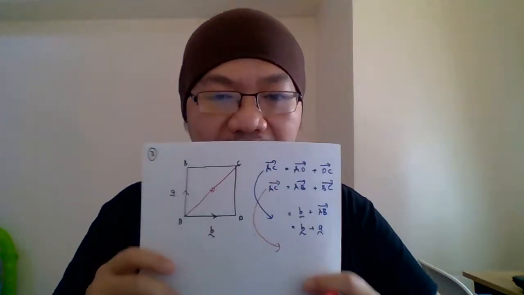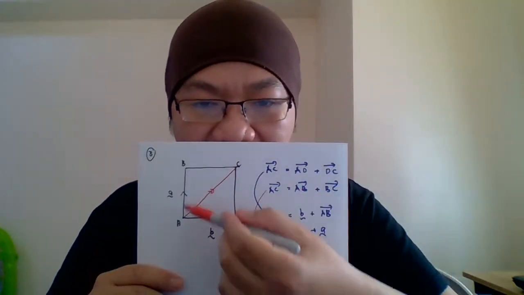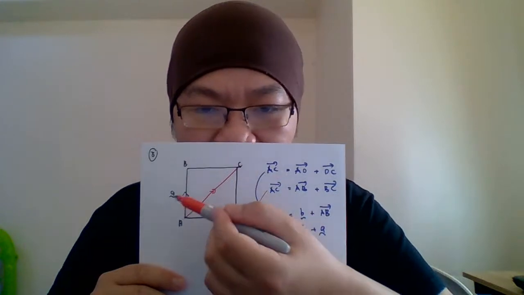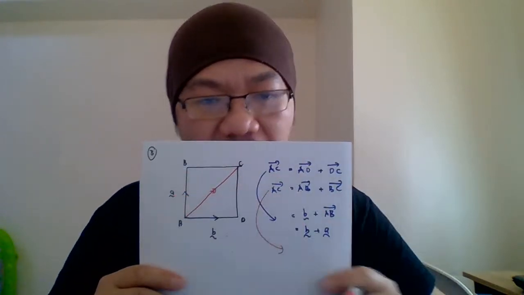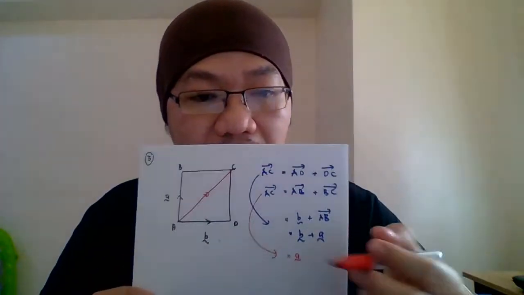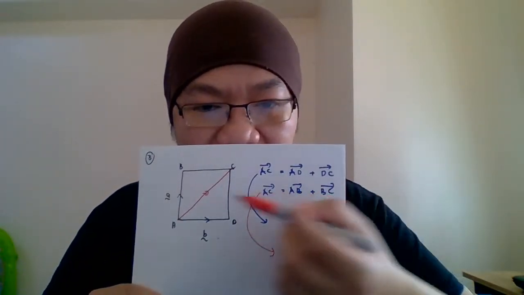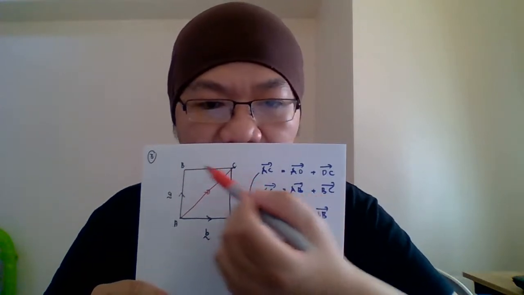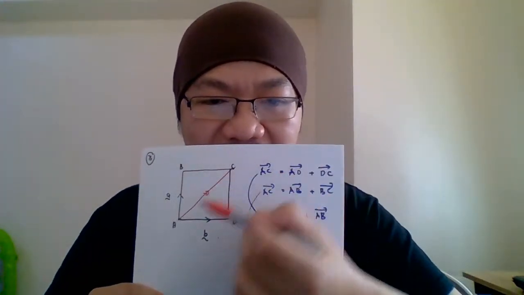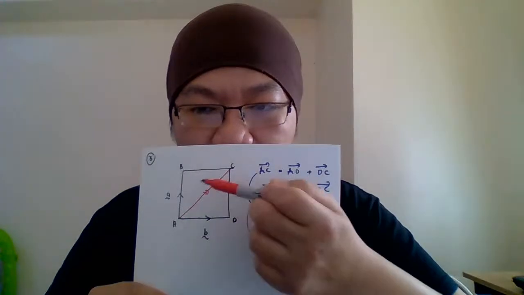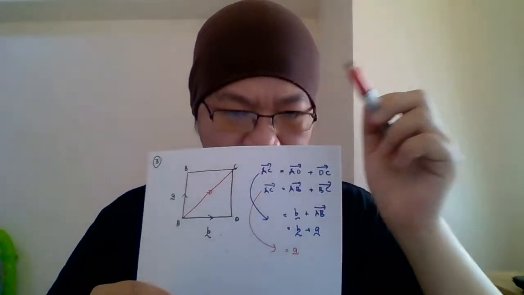The second formula, you see here, I'm using AB as my first direction. AB, which is the given vector A. Now BC, we don't have the vector of BC, but we know that BC and A donkey are both equal and parallel vectors.